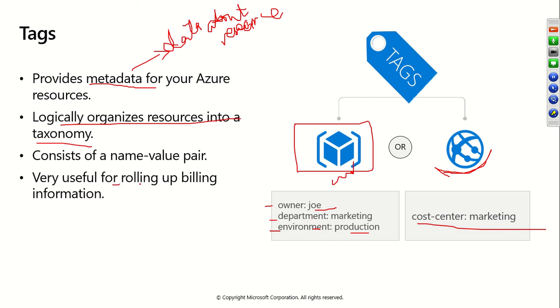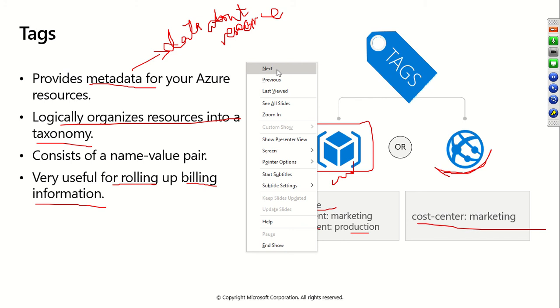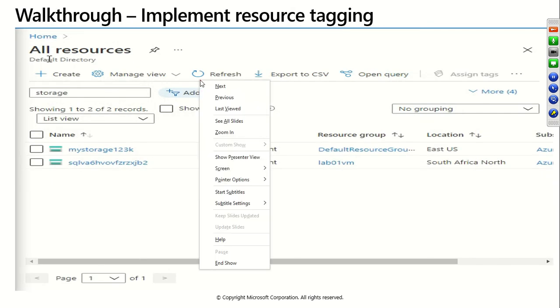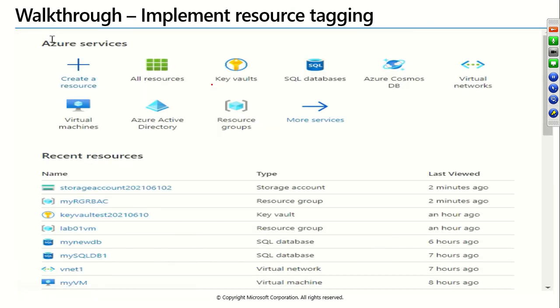One of the key values here is that it is useful for rolling up our billing information. It helps us to allocate the bill that we get from Microsoft to different departments or different cost centers. All right, we have seen how to create tags before. I've shown you how to do that.